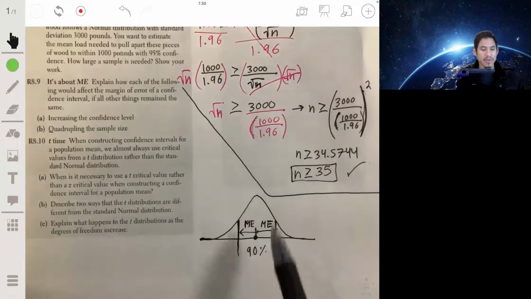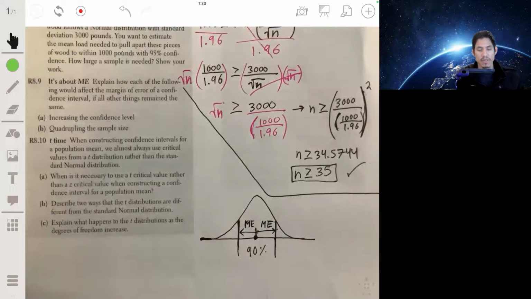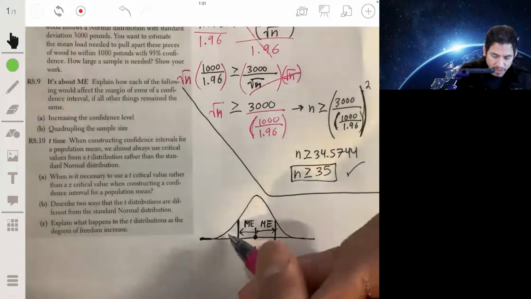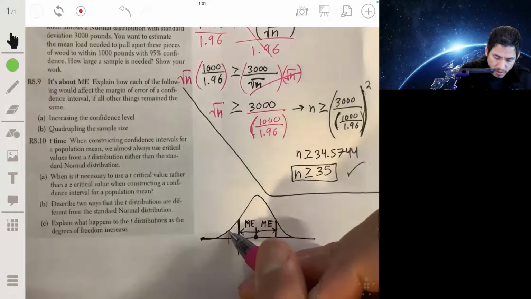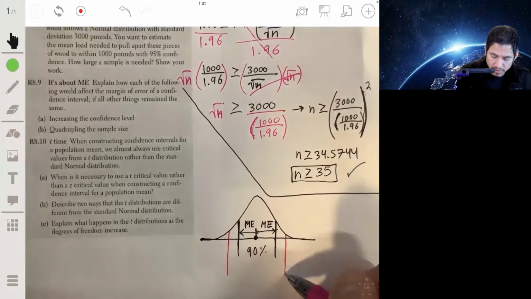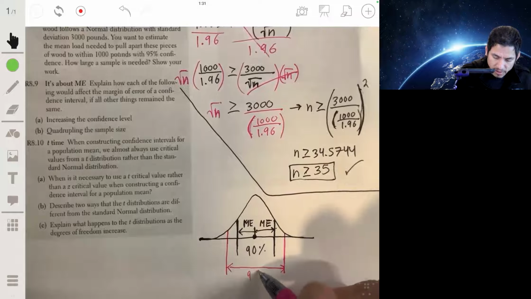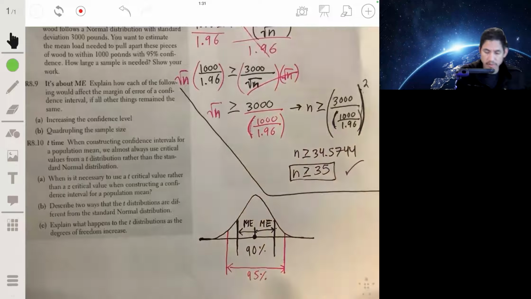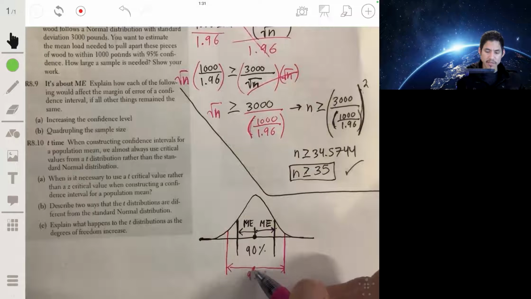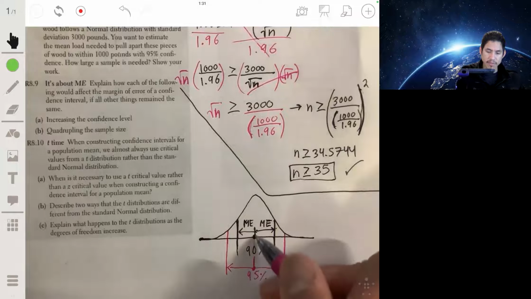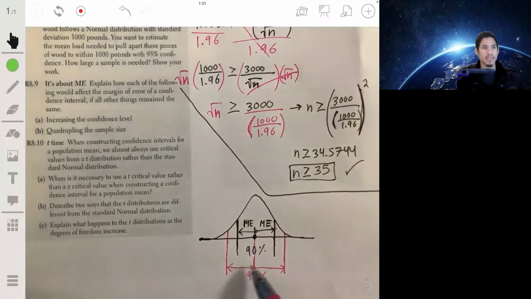So if we want to increase the confidence level, let's say we want to increase it to 95%, our confidence interval gets wider. We're going to say from here to there, that's 95%. And our center's still in the center. Our center's still whatever that value is. But our margin of error gets bigger because the distance from the middle to each end increases.